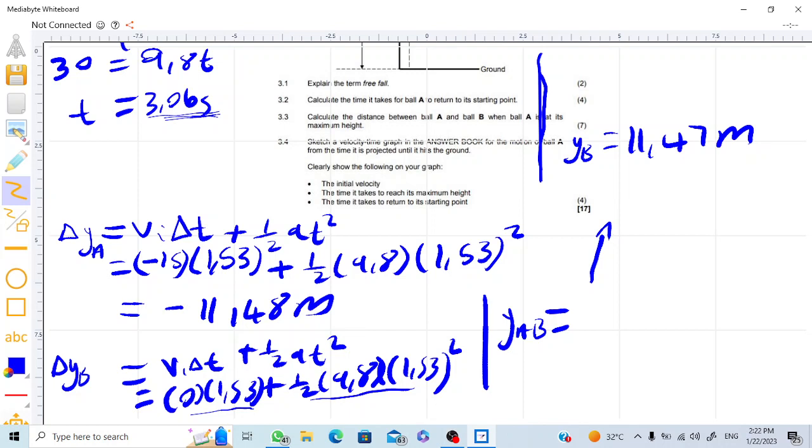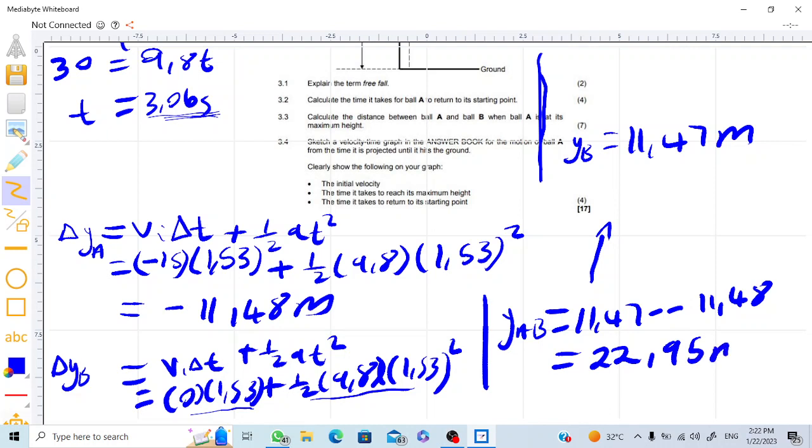Now it will be 11,47 minus 11,48 meters, which is equals to 22,95 meters. Okay, that is the distance apart.